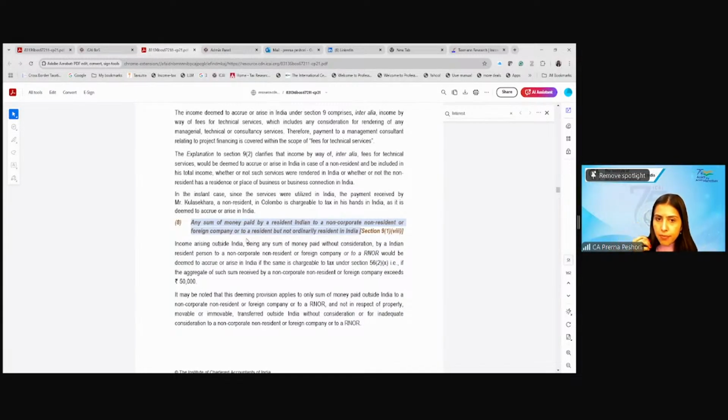Are we clear? So any sum of money paid without consideration by the Indian resident to a non-resident, foreign company or RNOR will be deemed to accrue or arise in India if the money is paid outside India. Okay?